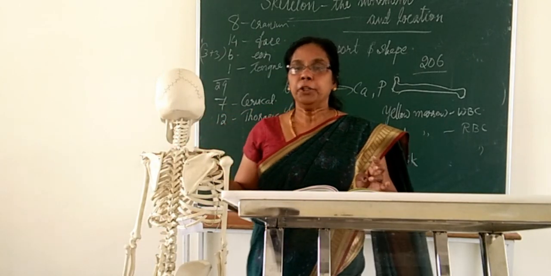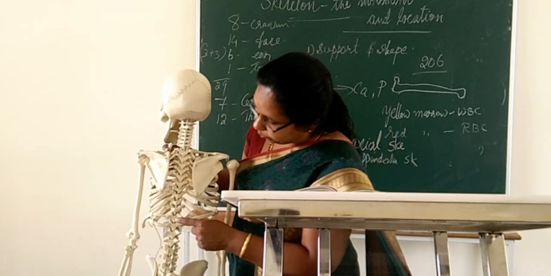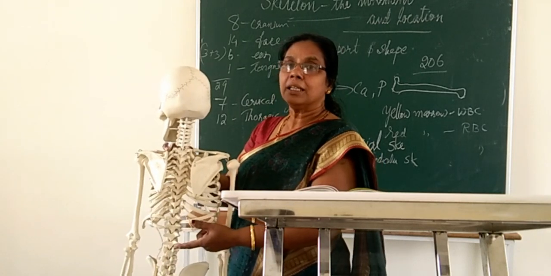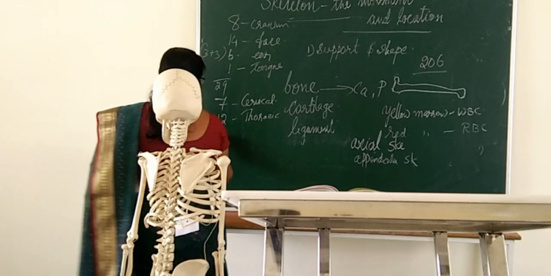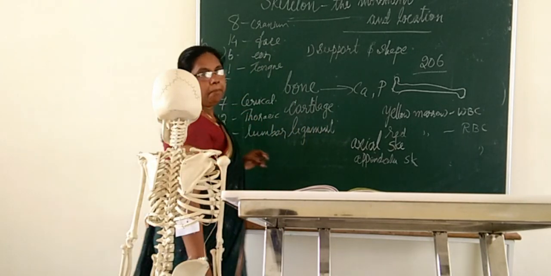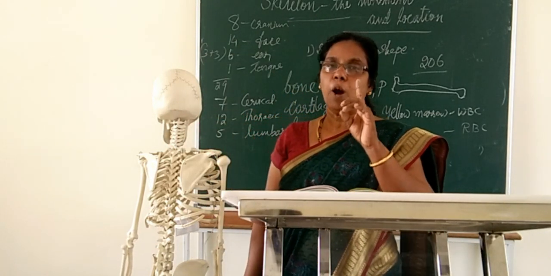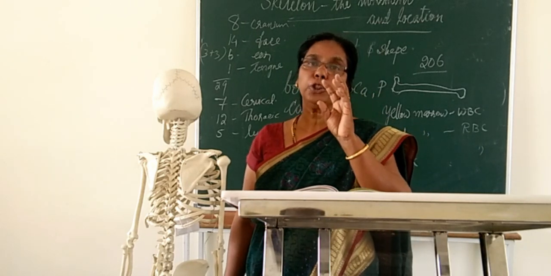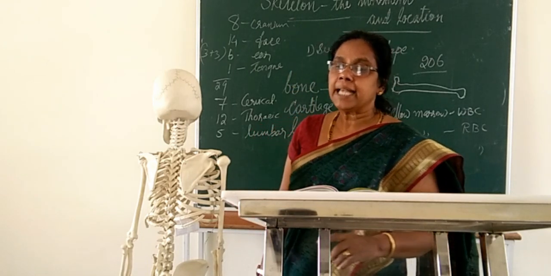Next, the third group, there are 5 lumbar vertebrae. Below that, the next 5 vertebrae are called what? Lumbar vertebrae. Then you can see one sacrum, that is 5 bones fused together to become one bone, called the sacrum.